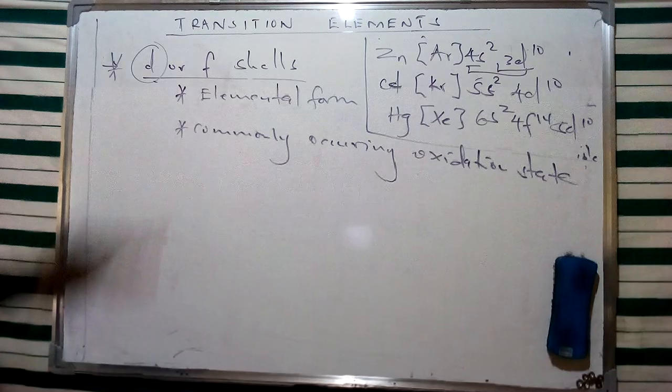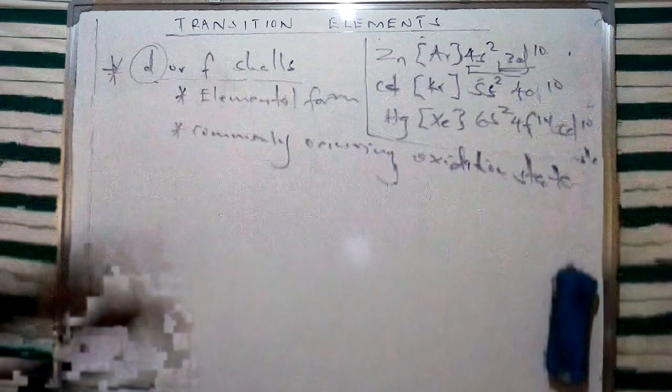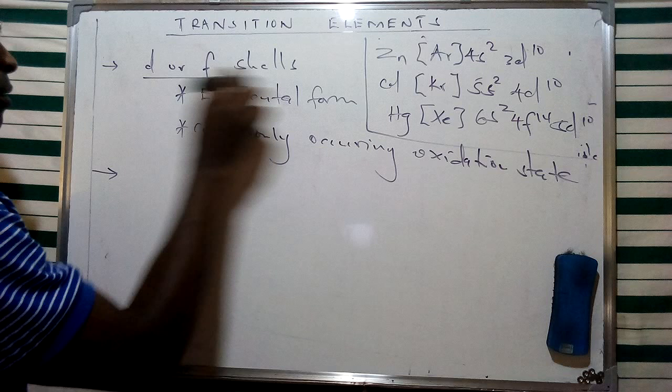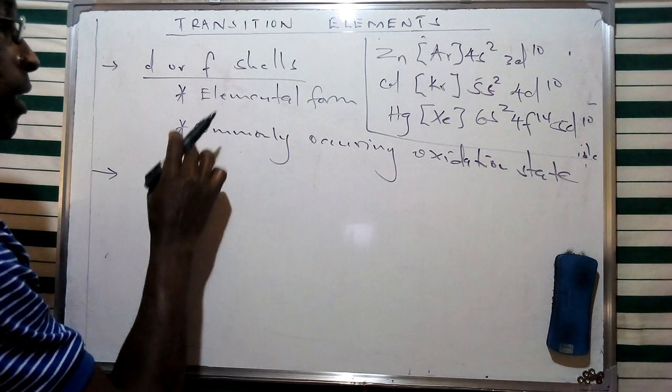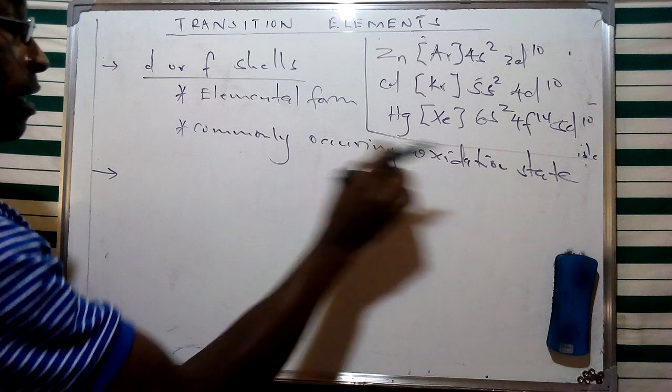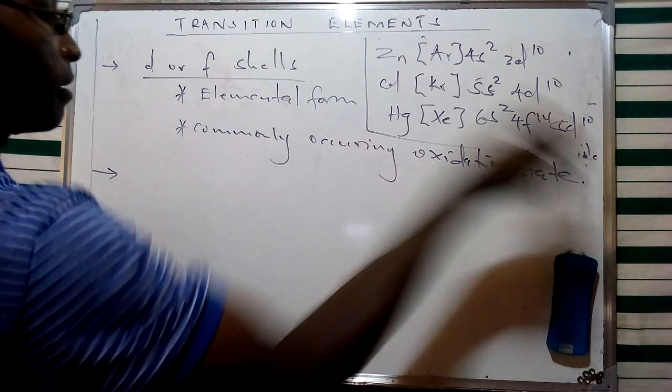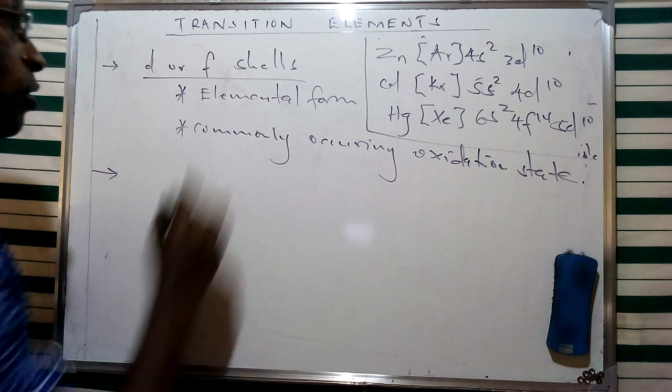But there is a difference. An element that consists of a D or F shell, either in their elemental form or in their commonly occurring oxidation state, is assigned as a transition element.